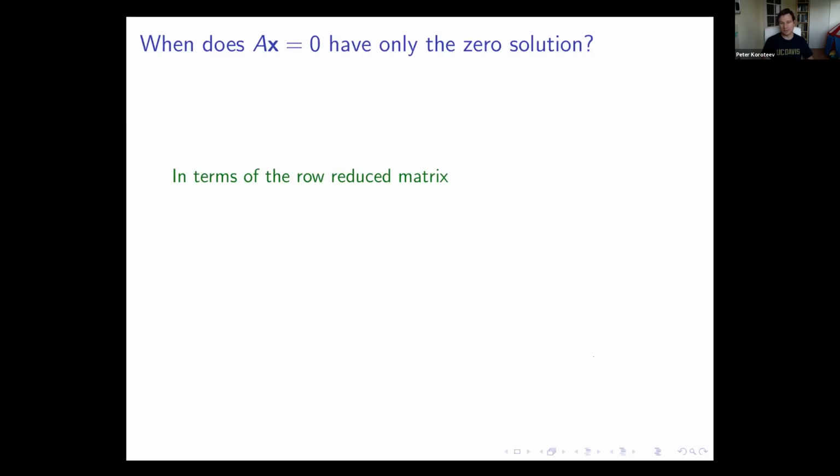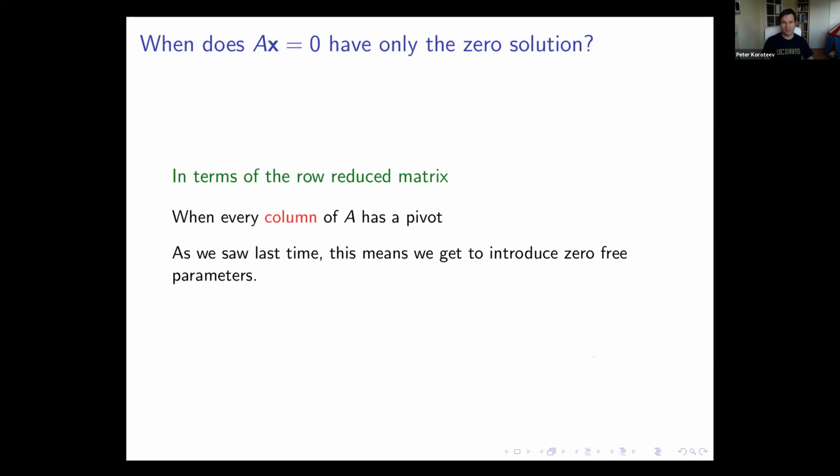Let's rephrase that, so that every column of A has a pivot, that the coefficients, the free parameters, are all equal to 0.